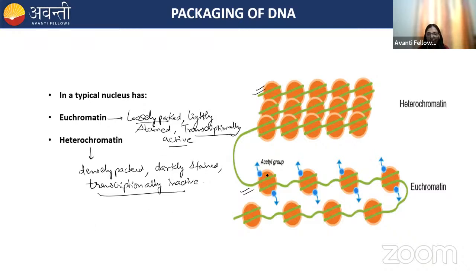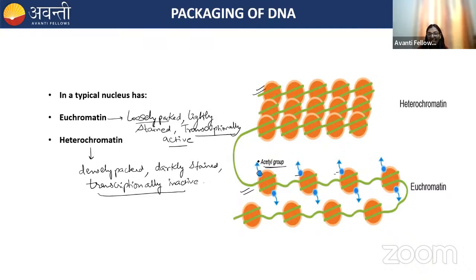There is one more important point: this acetyl group. These acetyl groups get attached to the histone. When the acetyl group gets attached to the histones, some modification occurs in the histone, because of which the histone loses its affinity for the DNA.